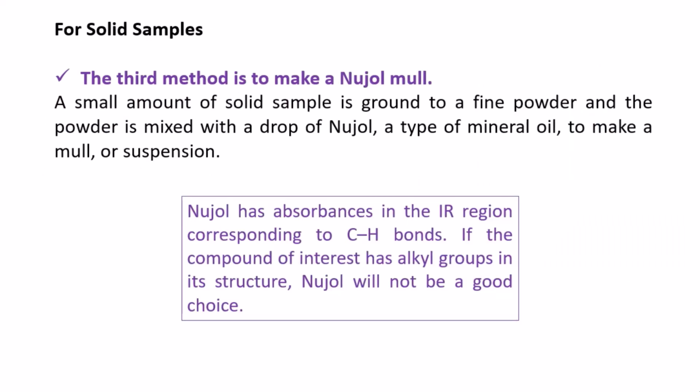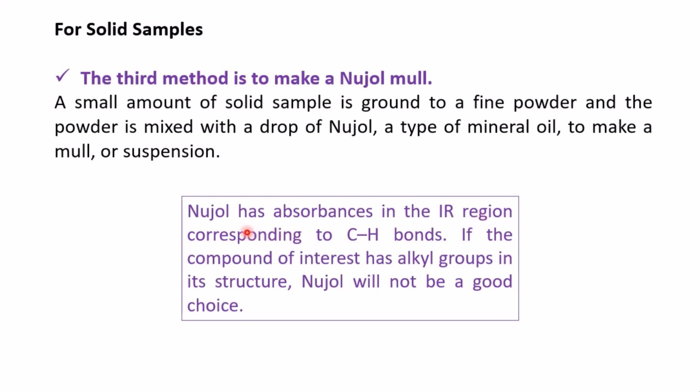Okay, so next is the Nujol mull process. Here, your solid sample is crushed into a fine powder, and then it is mixed with a type of mineral oil known as Nujol. So it forms a kind of suspension which is added to the cell, and then you run your IR with that. Now, there's one thing you need to know about this Nujol mull process. Nujol has an absorbance in the IR region, right?